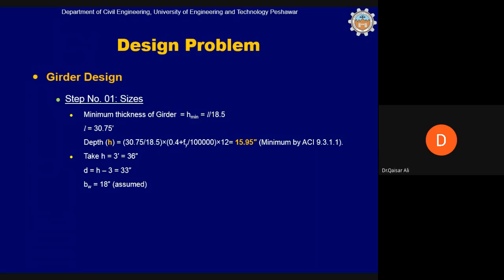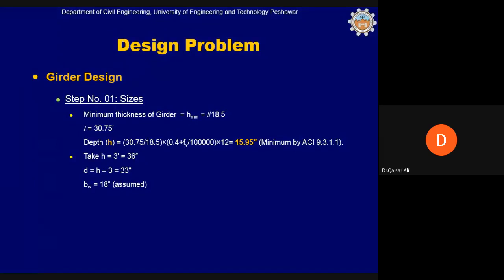So we will be doing some trials. We are assuming a depth of 36 inch in this case, based on our experience, and because I know that a 36 inch deep girder will be able to support the load which is coming from the two beams being supported by this girder.